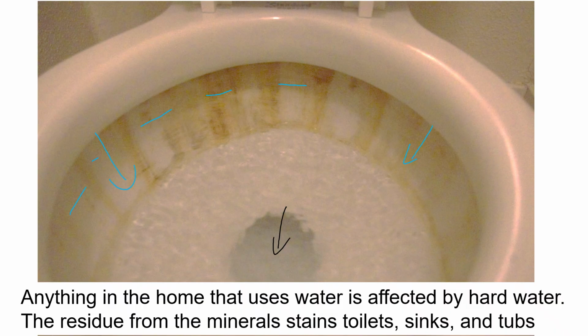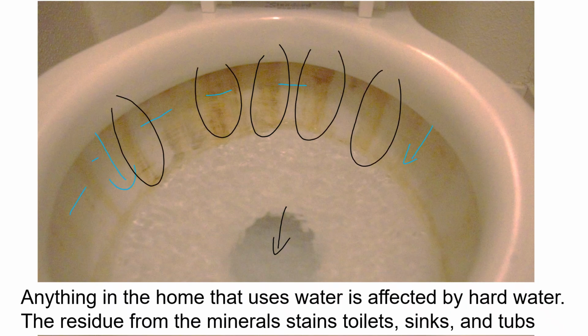But that water evaporates. Minerals don't. So what happens is the minerals get left behind. You can see actually kind of where the water was sliding down into the bowl because that's where minerals are left behind. This is not necessarily dirty. It's not gross. It's minerals in the water that get left behind.